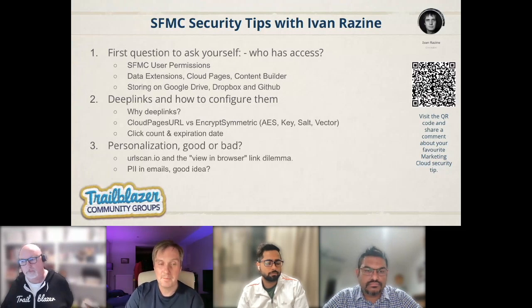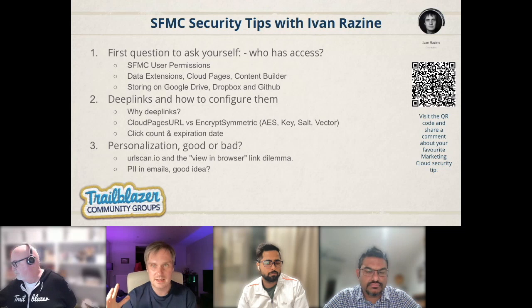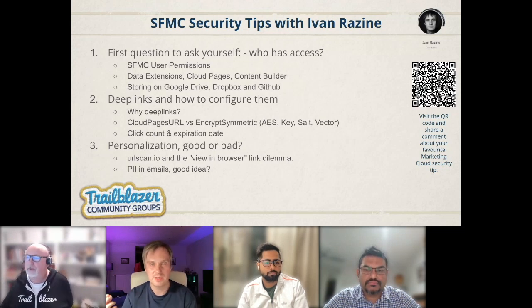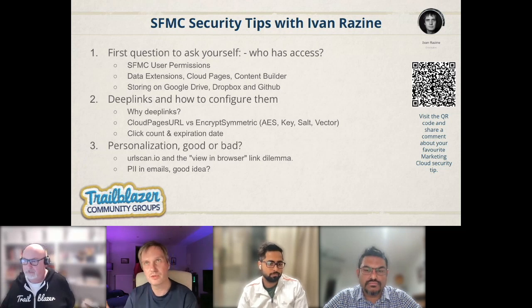Now, tip number 2: use deep links to grant access to sensitive data. Sometimes you need to create a link from your email to, for example, a Cloud Page, and that Cloud Page might contain sensitive data. So you don't necessarily want this link to be active all the time, because guess what?